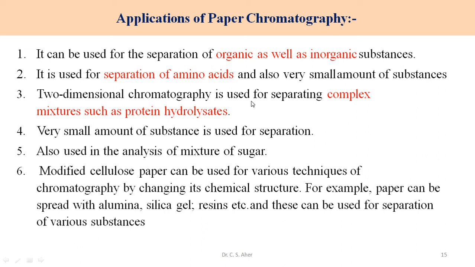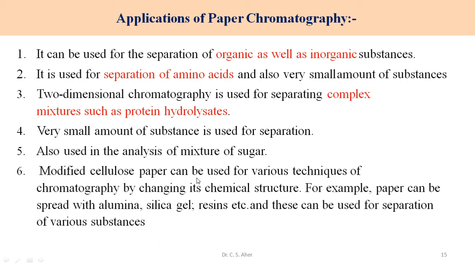Two-dimensional chromatography is used for separation of complex mixtures such as protein hydrolysate. In two-dimensional chromatography, the same paper is run in two directions. Very small amounts of substance are used for separation. It is also used in analysis of mixtures of sugars.